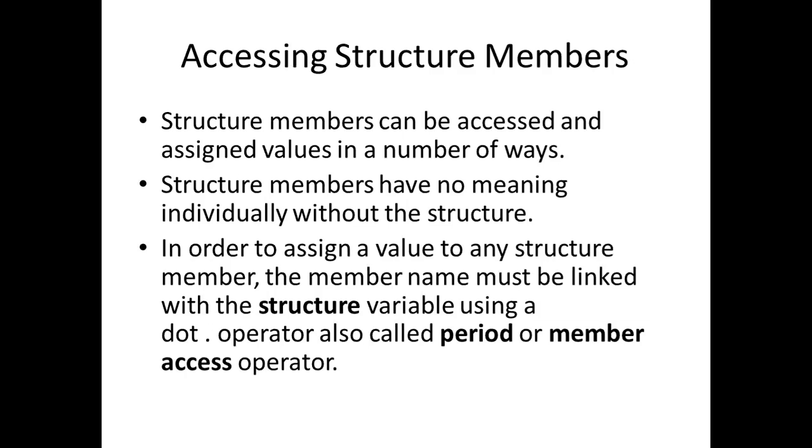So if you want to access a member of the structure, you should use the member operator: with the help of the structure variable, dot, we specify the member name.